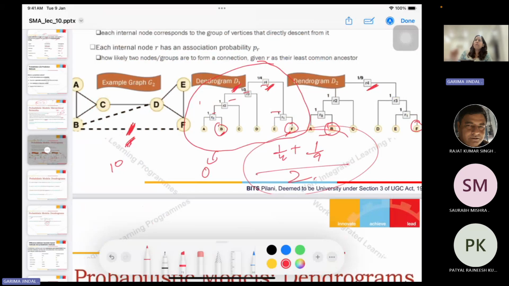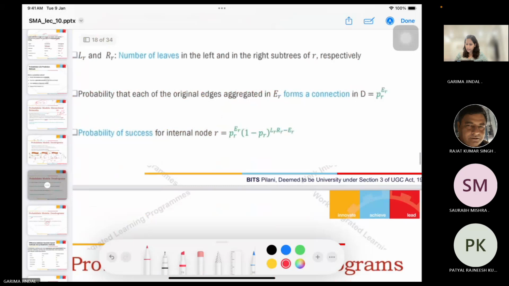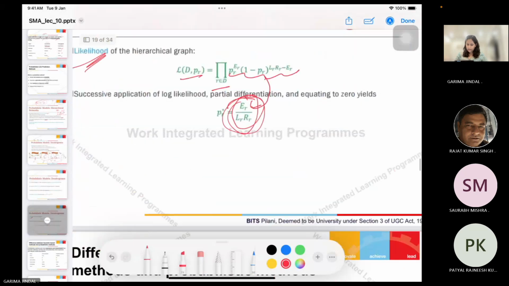Based on the likelihood score, you can select some top two or four, and then using those dendrograms, you can calculate the probability of an edge. How do you calculate the probability of an edge? The probability of an edge is the average of the probabilities that you calculate.